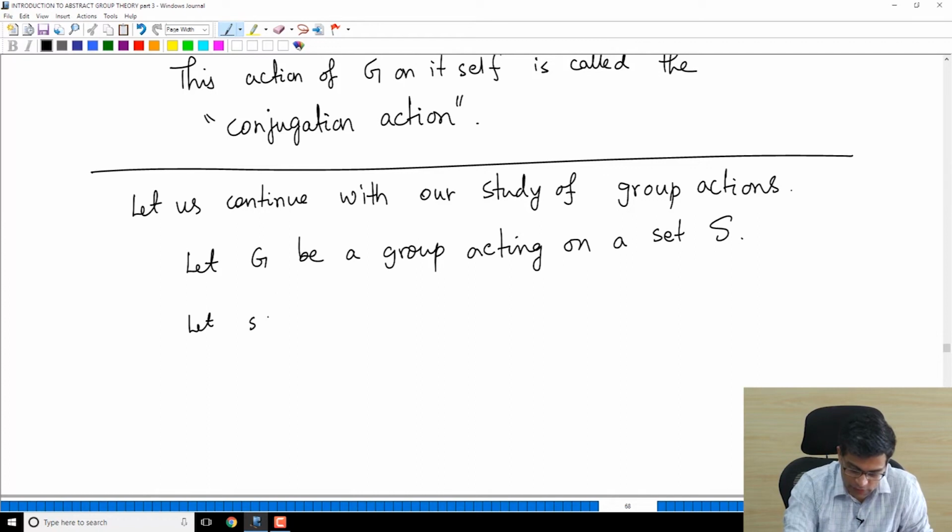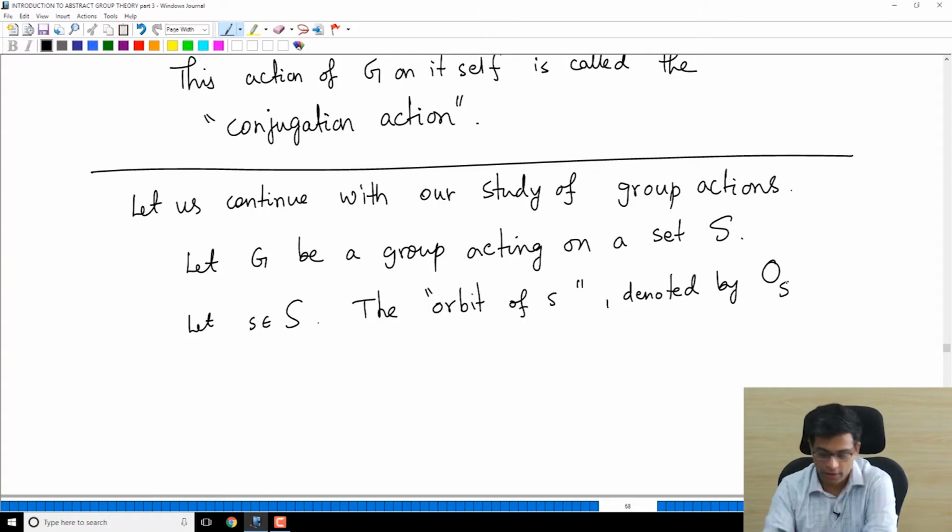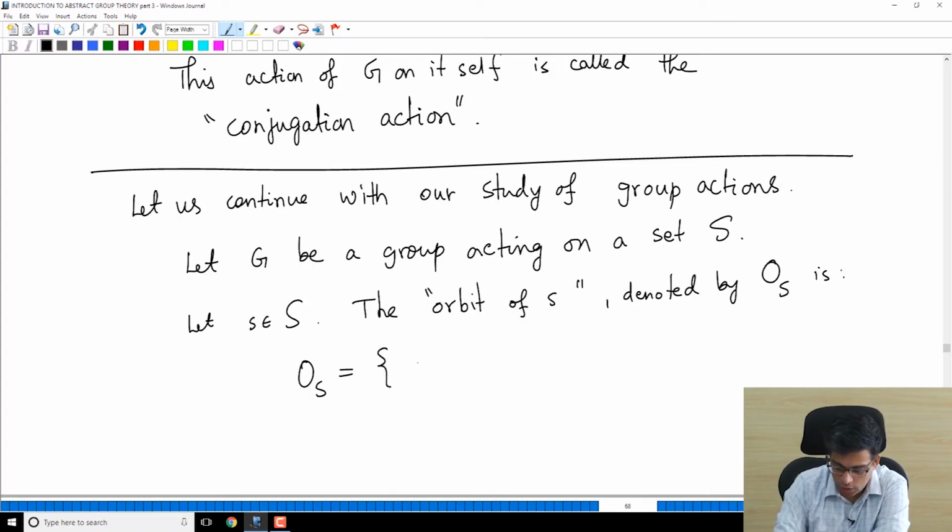Let small s be in capital S. The orbit of small s, denoted by O_s, is all, so you take g s.